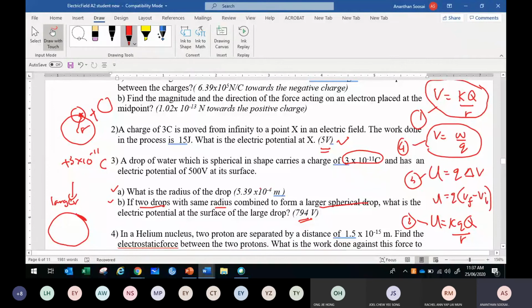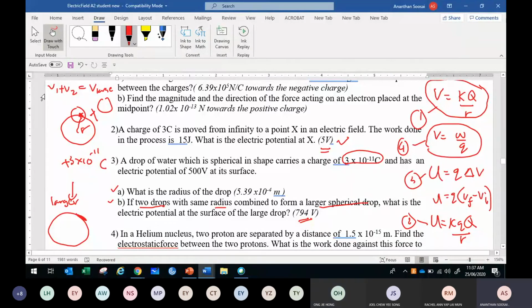You have to find the volume. It's based on volume, you have to calculate the new radius. The volume V1 plus V2, the two volumes of the small drops, equals the volume of the larger one. From here, you need to find the radius of the larger one.